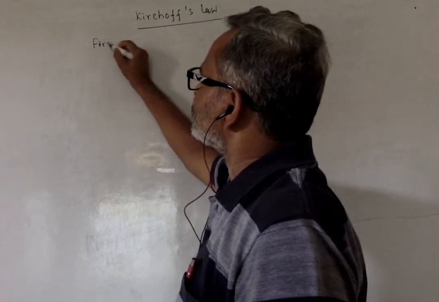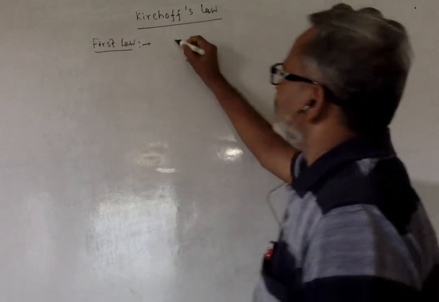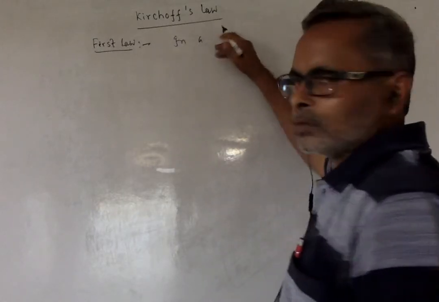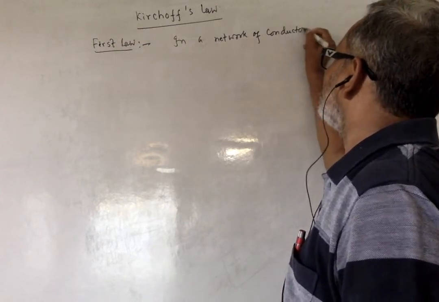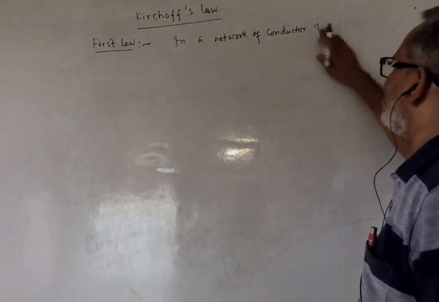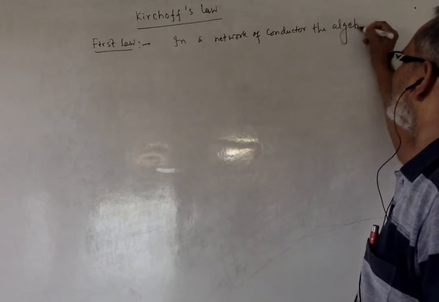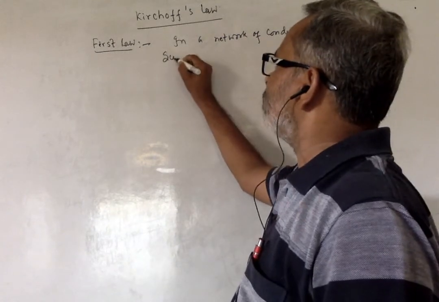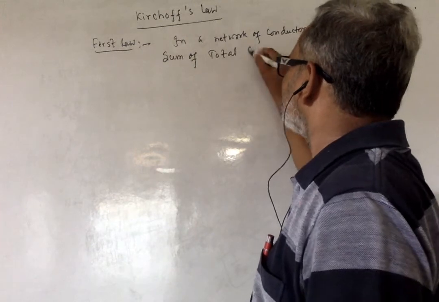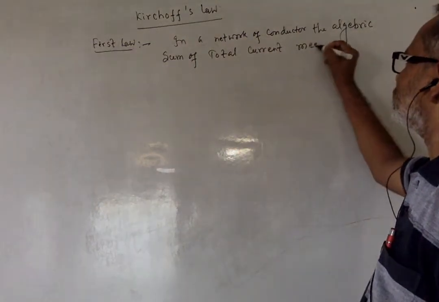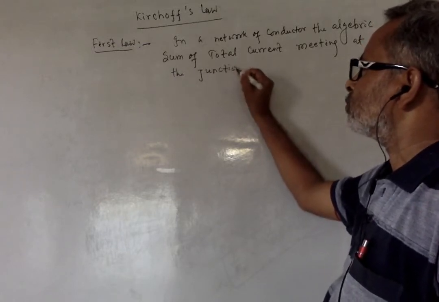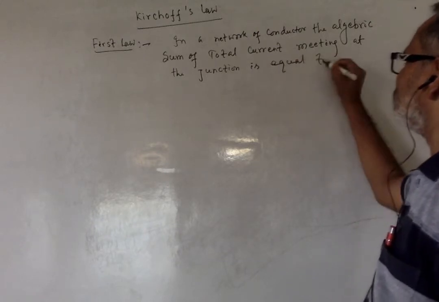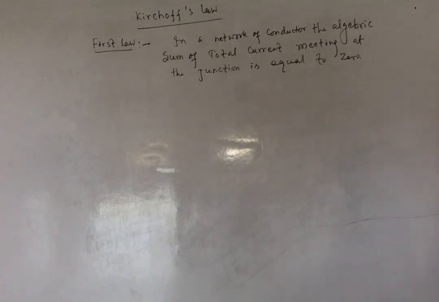First law. In a network of conductors, the algebraic sum of total current meeting at the junction is equal to 0.